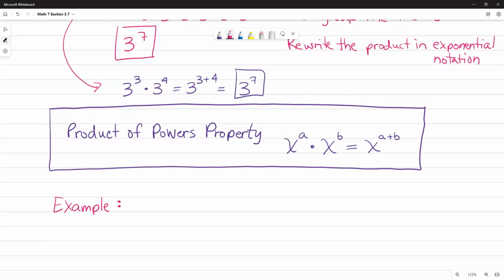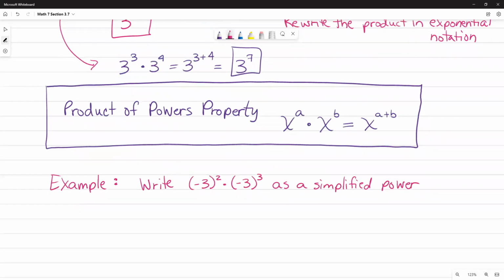So let's look at an example of this. I'm on page 128. Write -3 squared, excuse me, times -3 cubed as a simplified power.